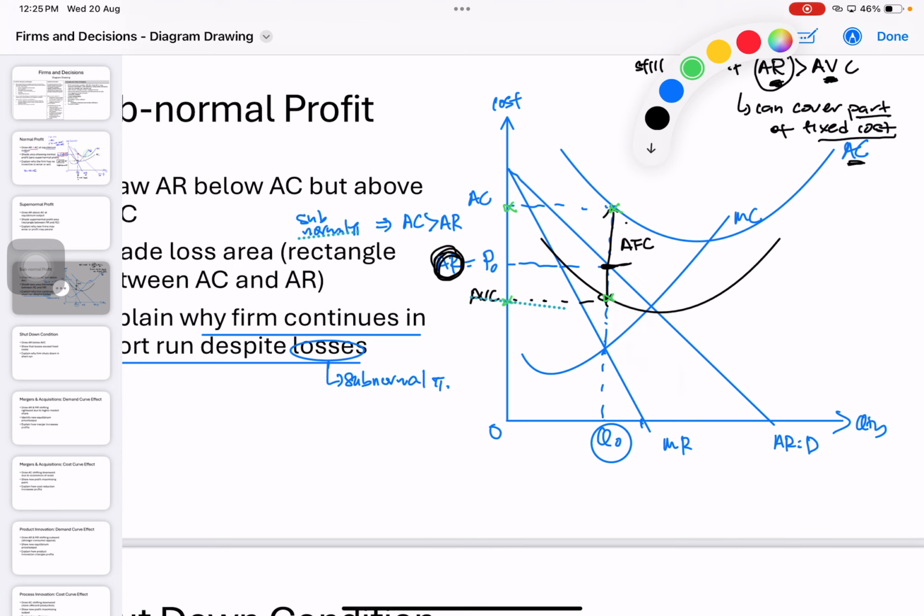This rectangle, AVC, AC, then you know what? I will put A and B. So I will say cost incurred if shut down is AVC, AC, AB area. Okay?